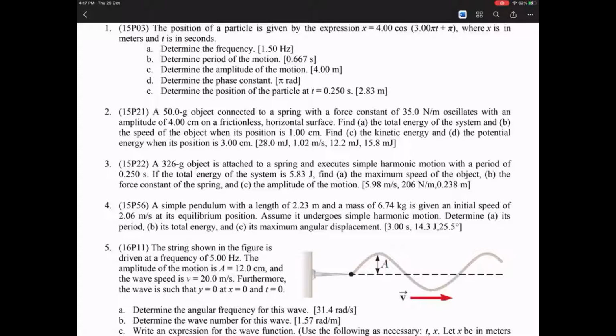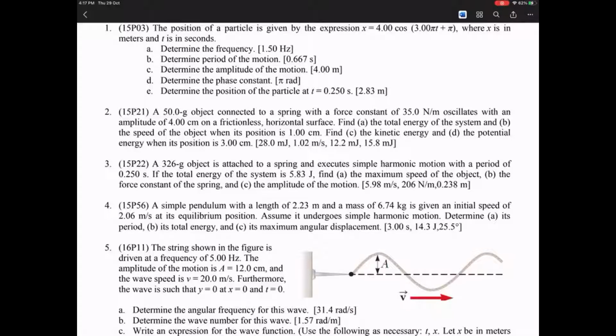Okay, so here you have once again the spring and mass system, and it oscillates with an amplitude of 4 cm on a frictionless horizontal surface.